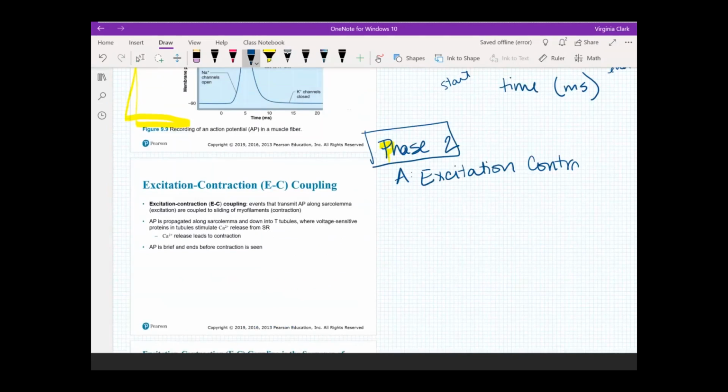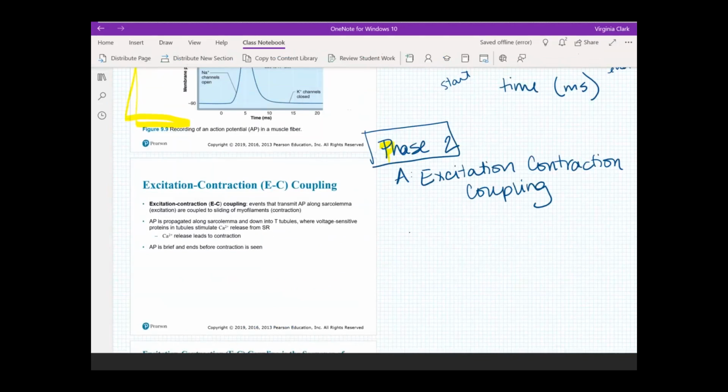So here what we are doing is we are going to be connecting deep inside our muscle fiber. Excitation, contraction, coupling is where we are taking our action potential, the events that have come from our action potential along the sarcolemma, and we are going to couple it with the sliding filaments of contraction that we talked about in the first couple of sections.